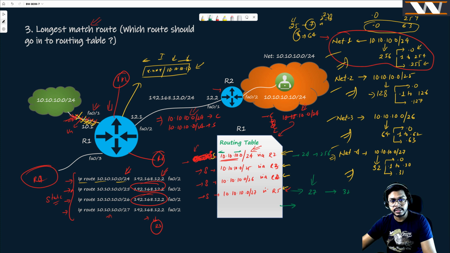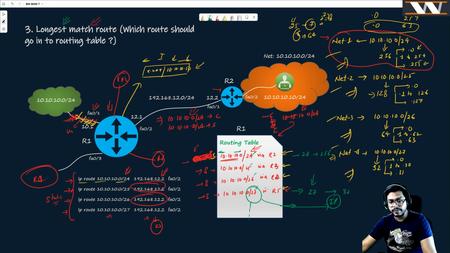And that is why, to match the IP packet, you need to do the match on the longest route. And what is the longest match route? You are calculating on the basis of the greatest network bits value. So of course, out of 24, 25, 26 and 27, which one is the longest match? 27. Why? Because it is going to have fewer IP hosts, and if it has fewer IP hosts, it is the most specific one.